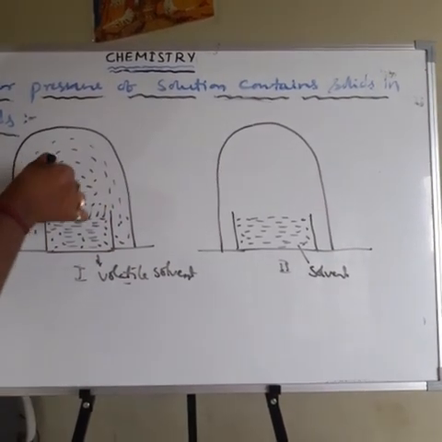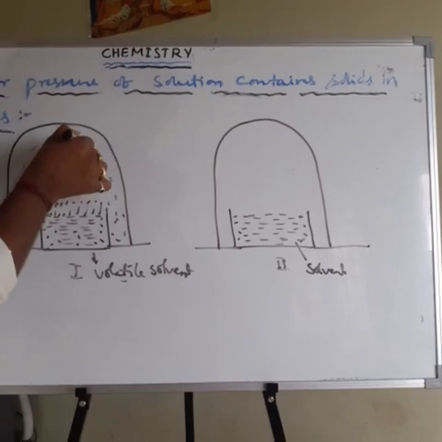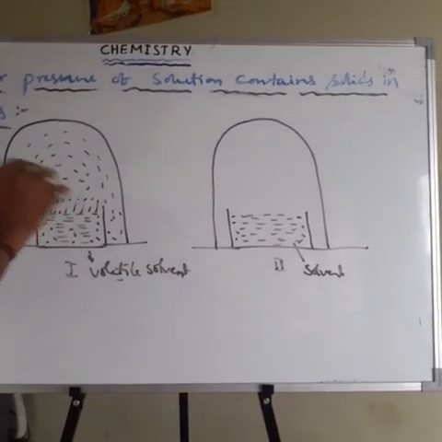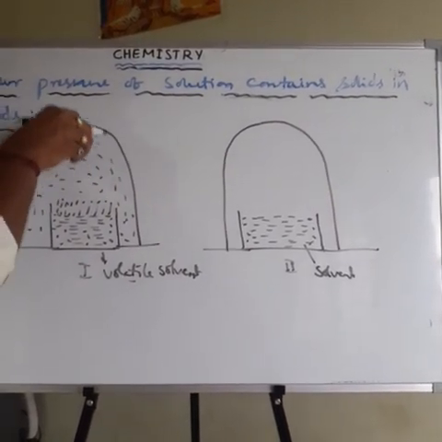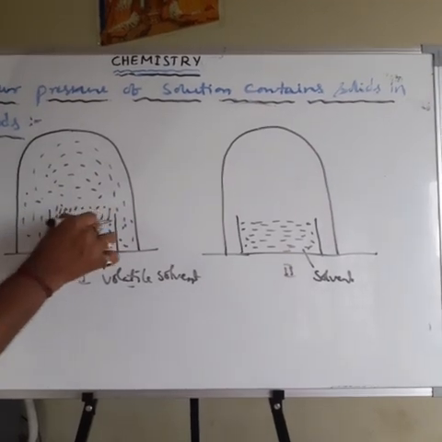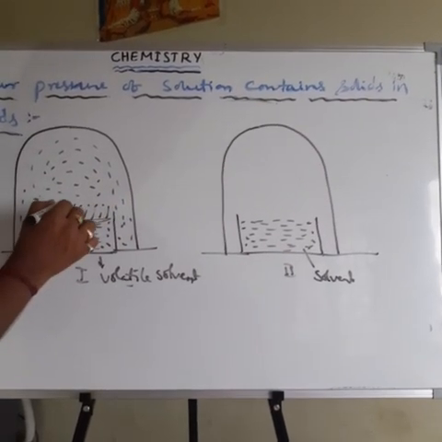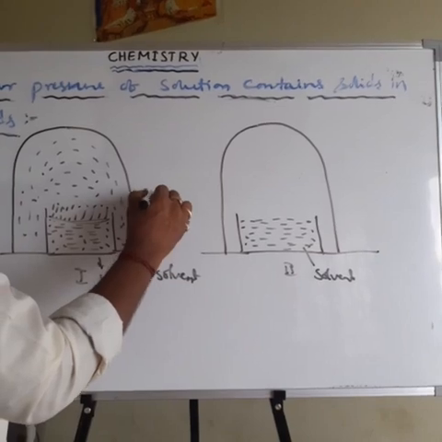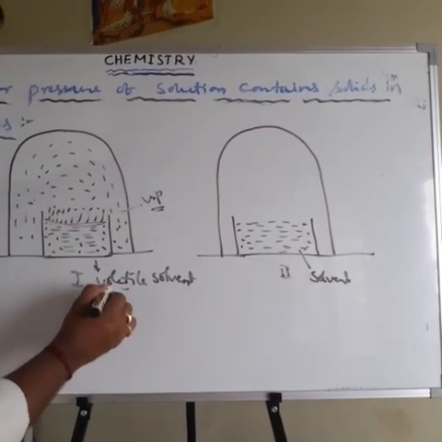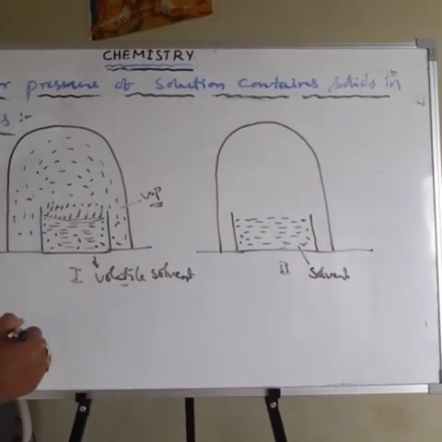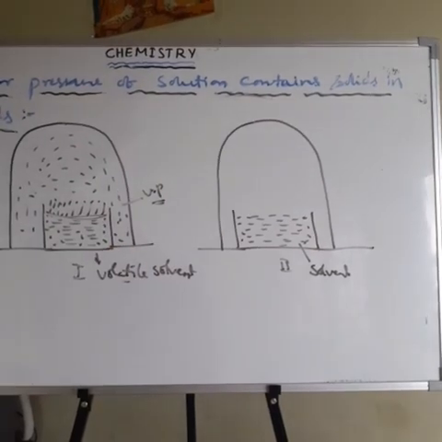Again, these vapors come back to the liquid surface during condensation. These vapors exert some pressure on the liquid surface. That pressure is called vapor pressure. So this is the vapor pressure of the pure volatile solvent.